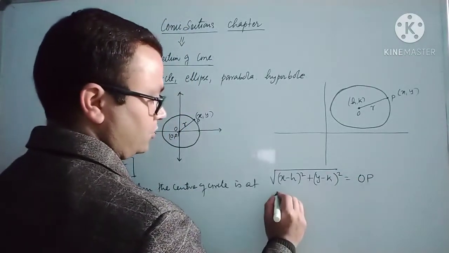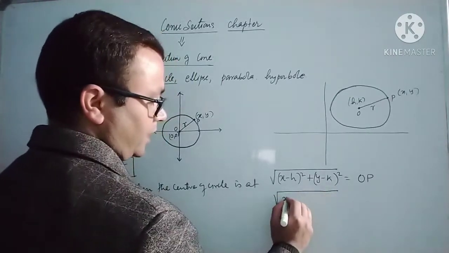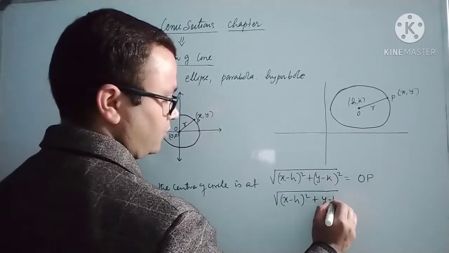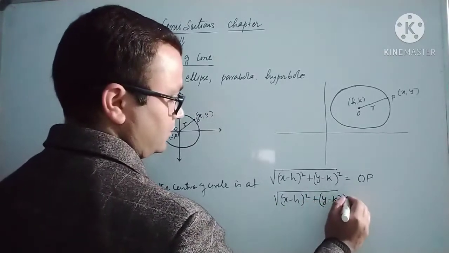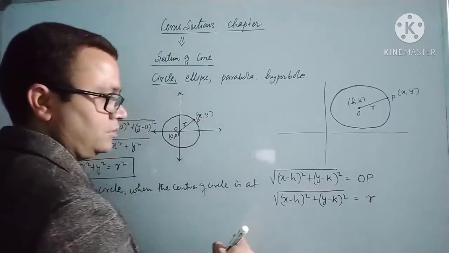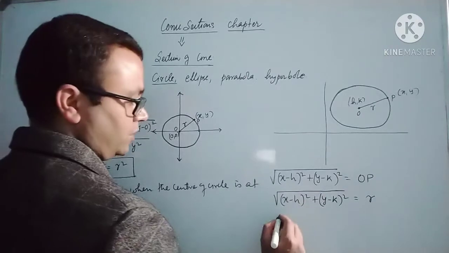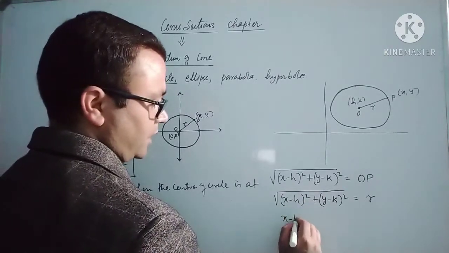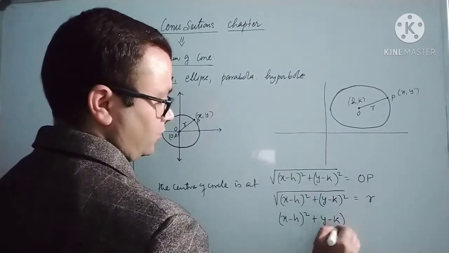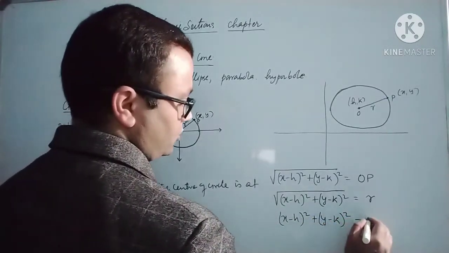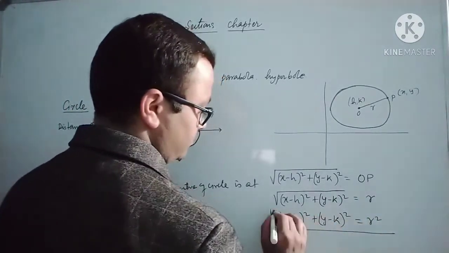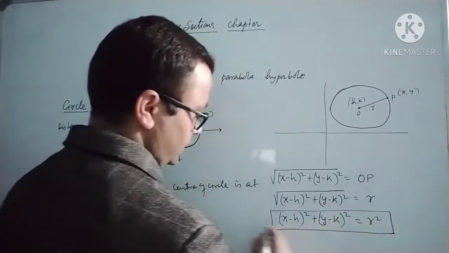So this equals root under x minus h whole square plus y minus k whole square equals R. Now if you square both sides, we will get x minus h whole square plus y minus k whole square equals R square. Now this is the equation of circle.